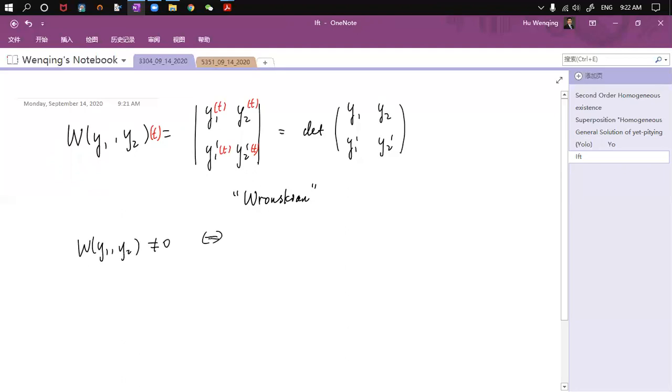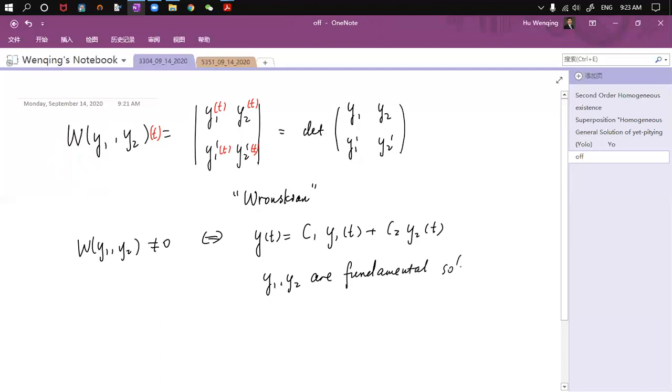It's going to suffice to check that Y of t equals C1 Y1 of t plus C2 Y2 of t has a unique C1, C2. In that case, we say Y1, Y2 are fundamental solutions. It's really a double check that you have fundamental solutions.